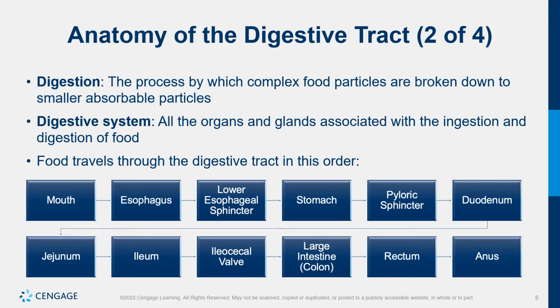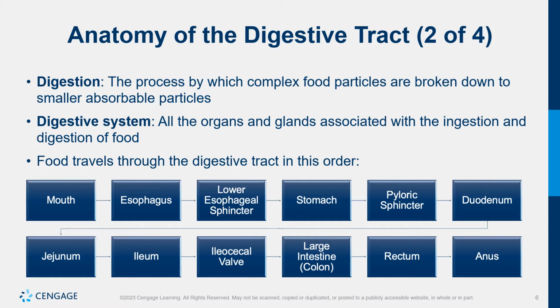So what exactly is digestion? Digestion is the complex process by which food particles are broken down to smaller absorbable particles. We eat a sandwich, but we absorb nutrients. And all the organs and glands associated with digestion are involved in creating those smaller, more absorbable particles.